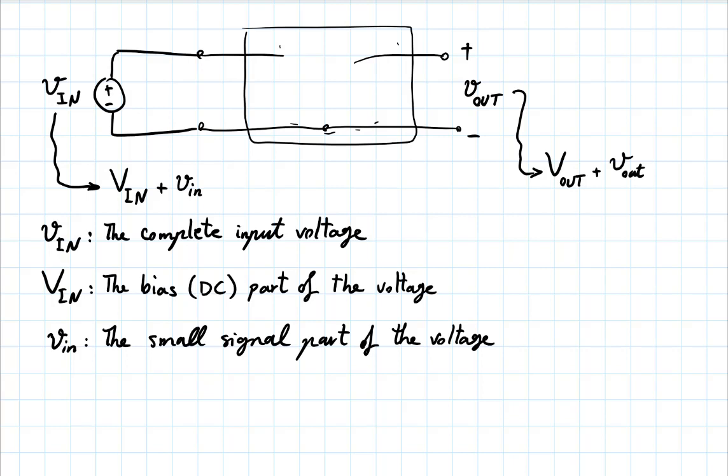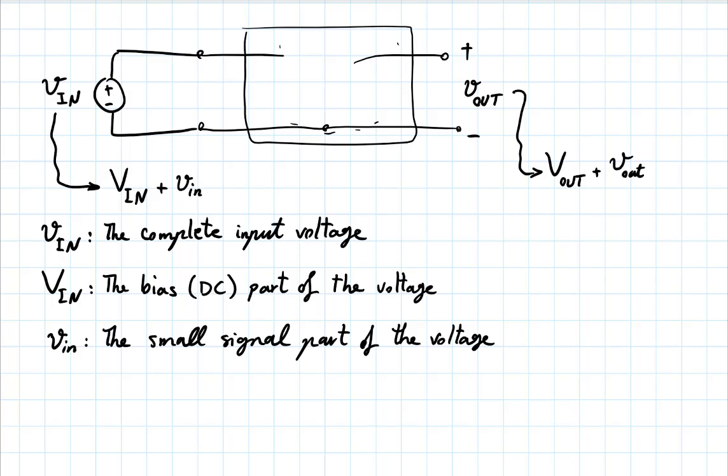That's all. Now, in AC analysis, we will be explicitly thinking about the fact that this small signal is a function of time. It's varying with time. For instance, it's a sinusoidal. Here, we are not really thinking about it in those terms. We are just thinking of vin as a small addition to that bias point.